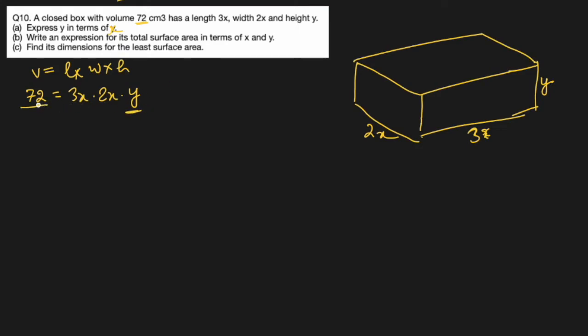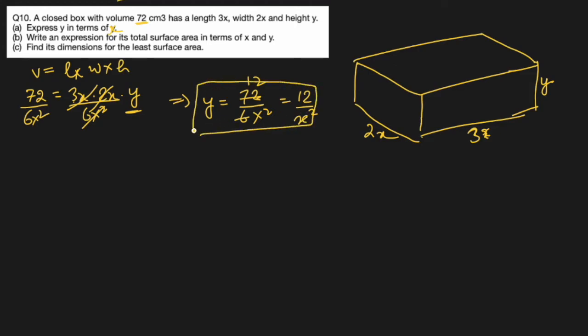So divide by 3 times 2, 6x², and divide here also by 6x² so that they cancel out, and we get our expression y = 72 over 6x². 72 and 6 can also cancel out: y = 12 over x² is the expression.